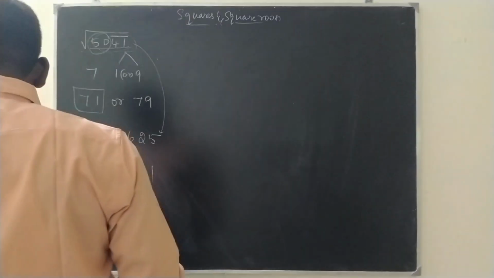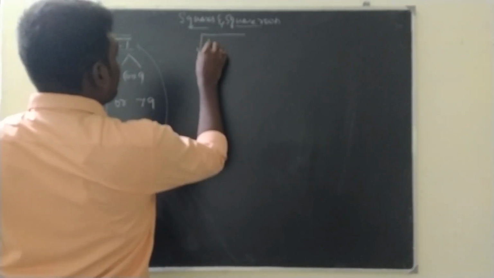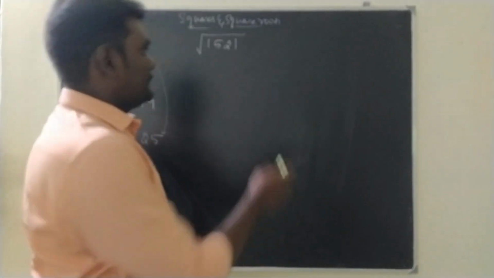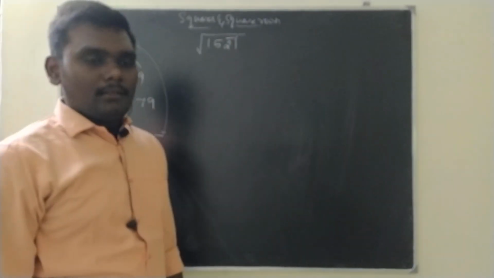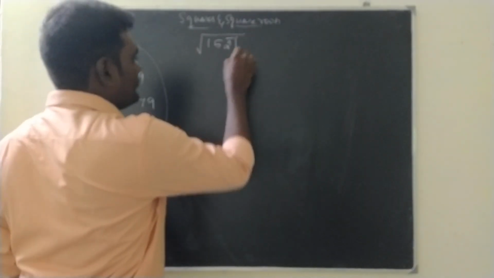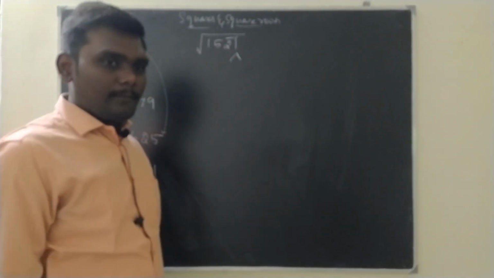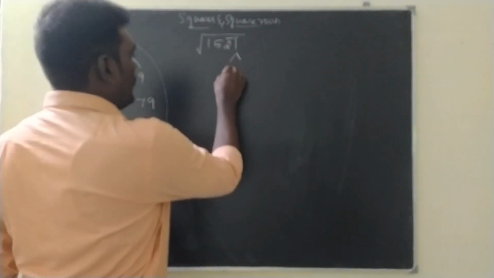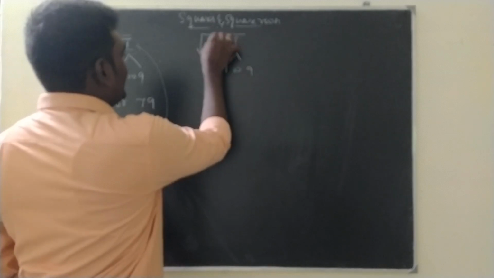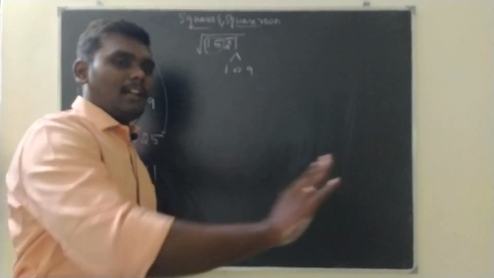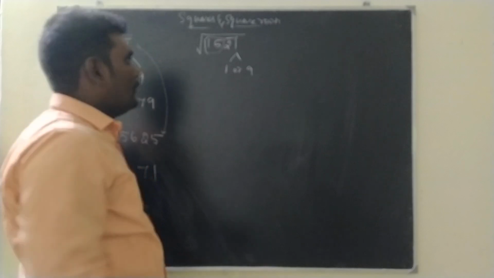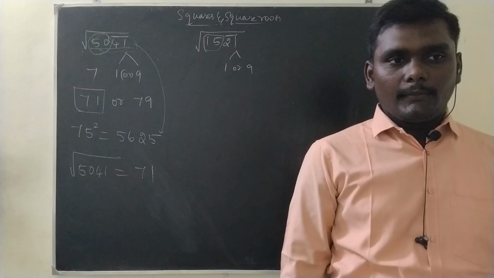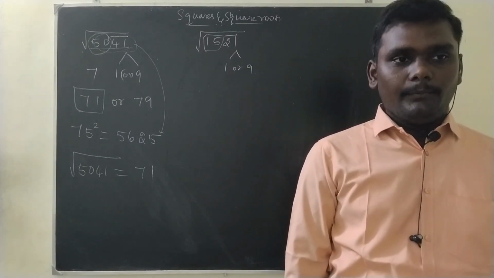Next, square root of 1521. First thing is separate the last two digits. It's 21 ending with 1. So the last digit of our square root has two options. What are the two options? 1 or 9. Then analyze the remaining digits, except the last two. So 15.